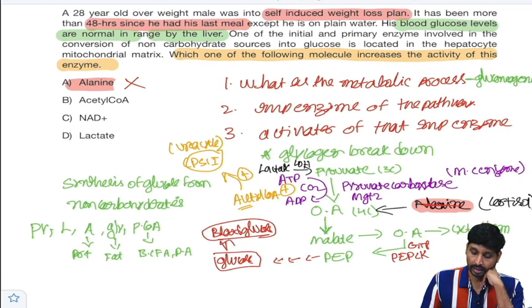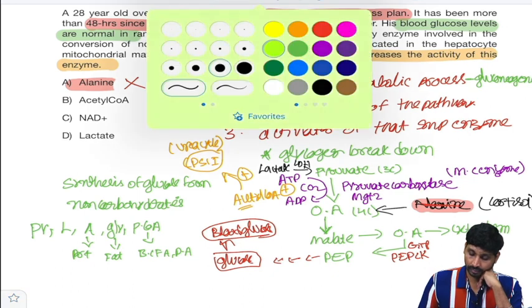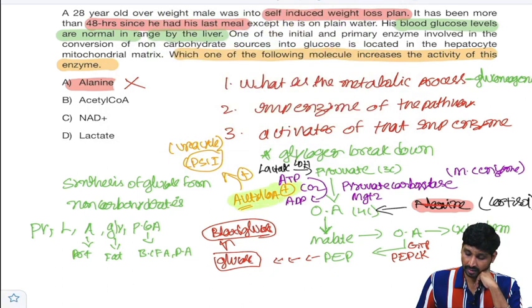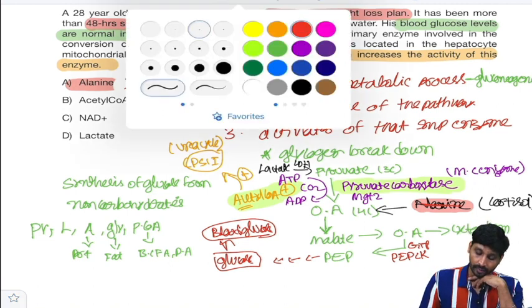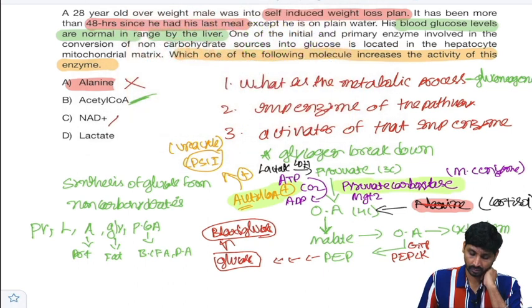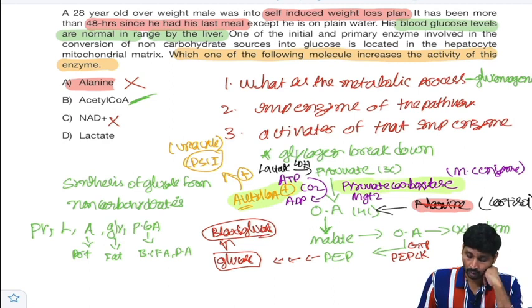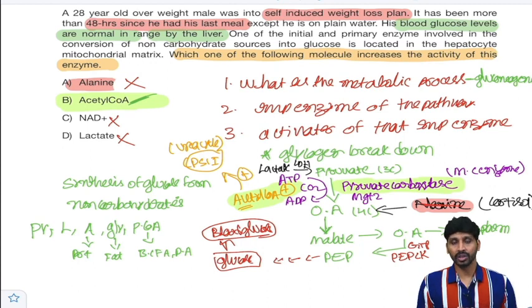We have clearly learnt that acetyl-CoA is the activator of pyruvate carboxylase. So the option acetyl-CoA is correct, right. And the third option, NAD, no way. And lactate, yes, lactate and alanine are both substrates, so how can they be activators? No way. So the correct answer is acetyl-CoA.